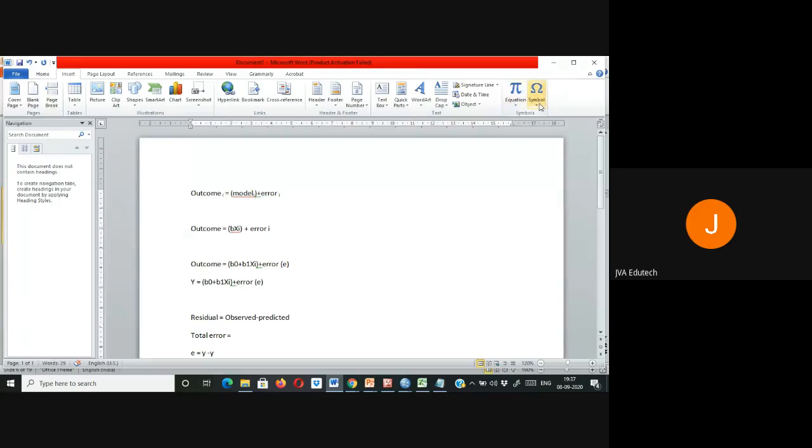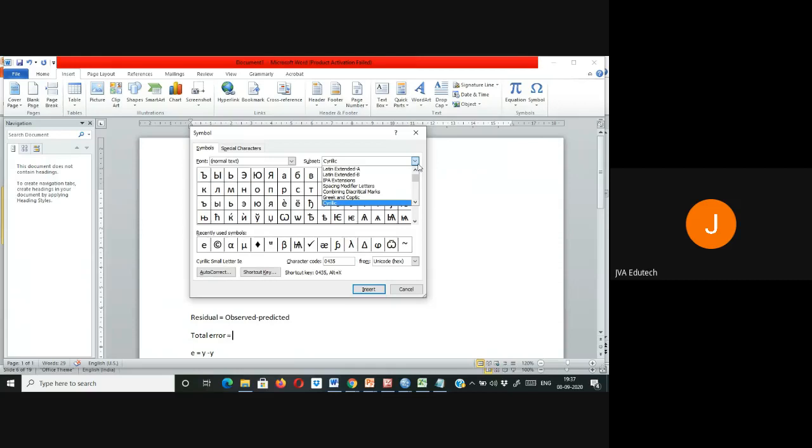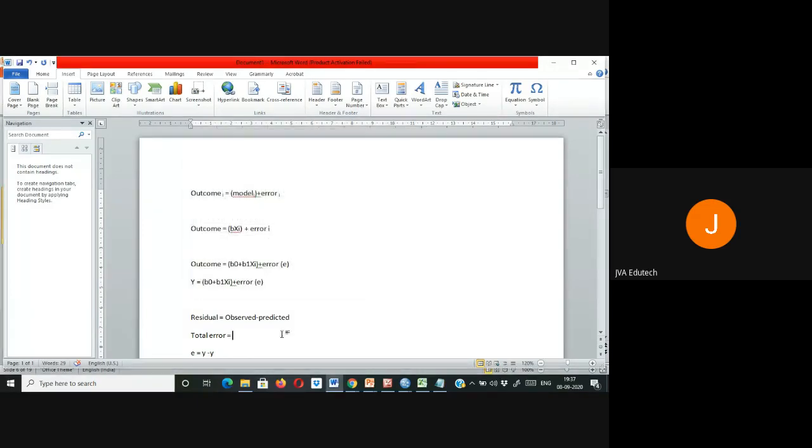summation of... am I getting some sigma symbol here? Let me see. I am unable to get this sigma symbol, so I am just writing it as sum.